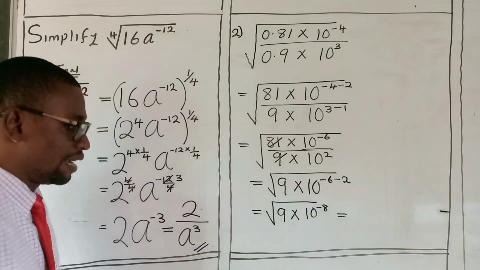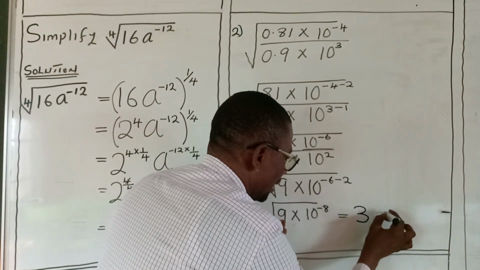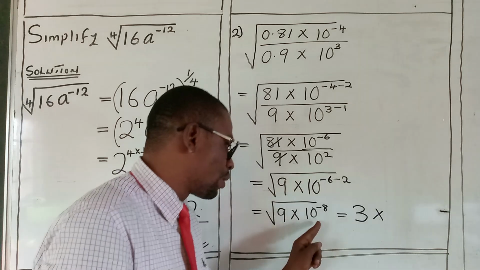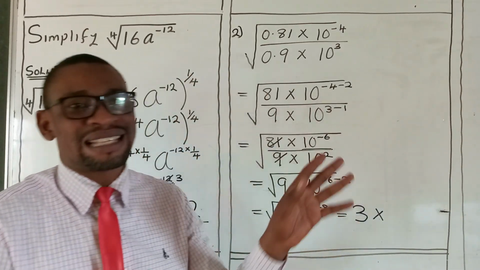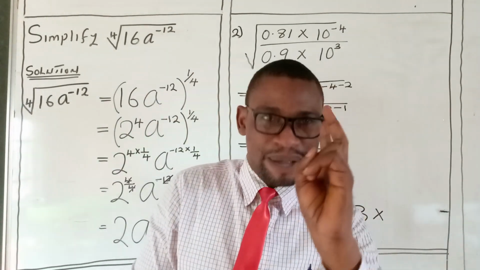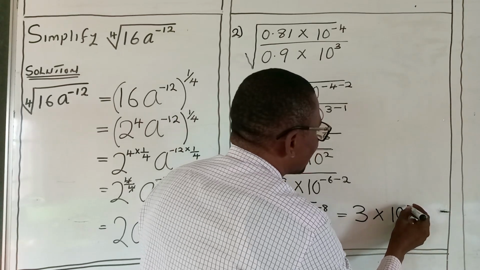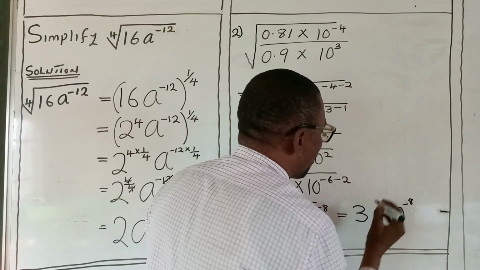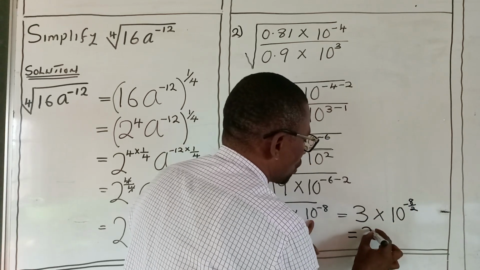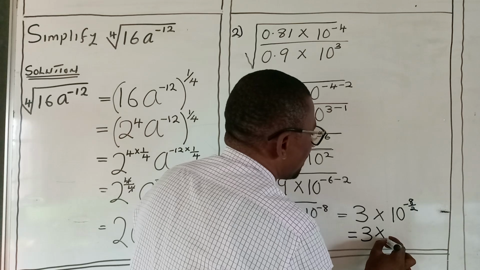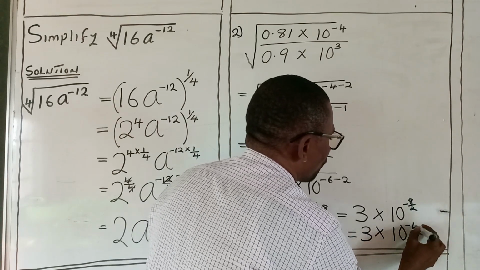Then we move further. The square root of 9 is simply going to be 3, and the square root of a number written in index form is simply dividing the index by 2. So here is going to be 10 raised to power minus 8 divided by 2, which finally gives us 3 times 10 raised to power minus 4.